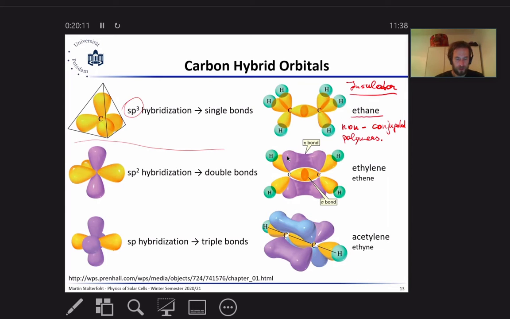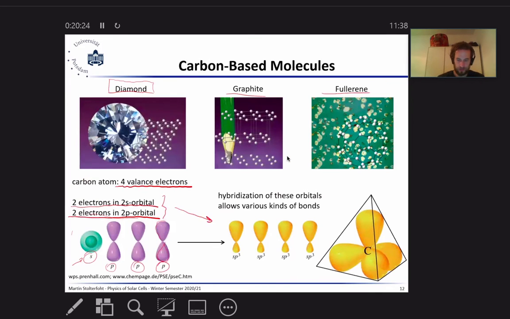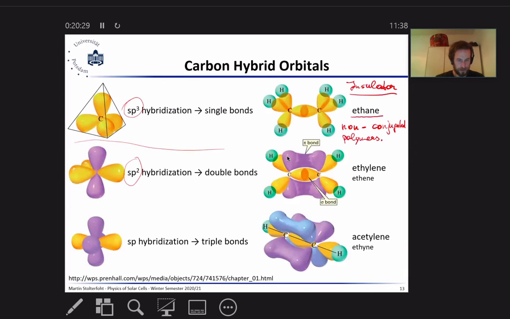Okay, but what if there is an sp2 hybridization? So there are three of these sp3-like orbitals, this one, let's say, and this one.